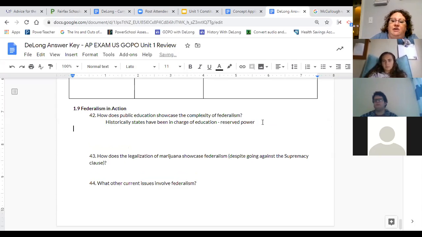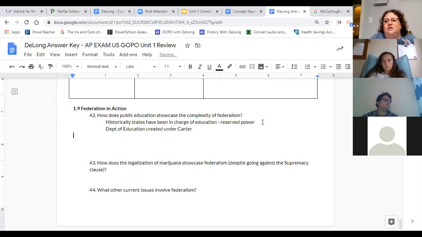Now, because of an identified policy issue that maybe our education wasn't where we thought it should be compared to other countries, the federal government decided they need to get involved. Remember that the Department of Education, which is a cabinet office, has only been around since Jimmy Carter, okay? The cabinet office of the Department of Education was created under Carter, so it's not even that old, all right?